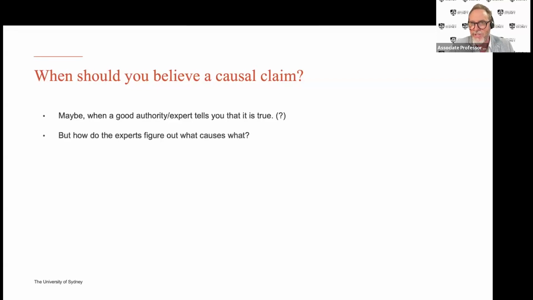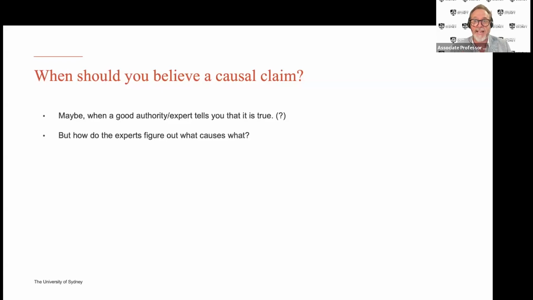But there are deeper questions here, and they're really important questions. We can get at those deeper questions by asking, how do the experts themselves figure out whether a causal claim is true? How do the experts figure out what causes what? And this is important because there are also plenty of situations in which we encounter experts disagreeing with each other about whether A causes B. Right?